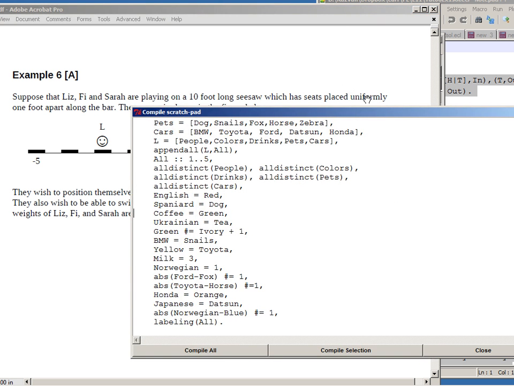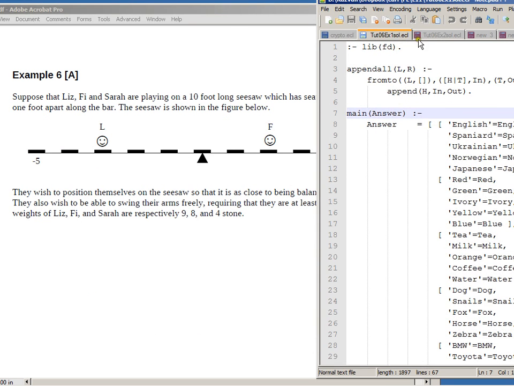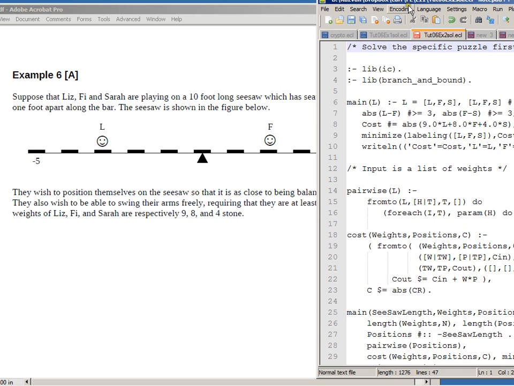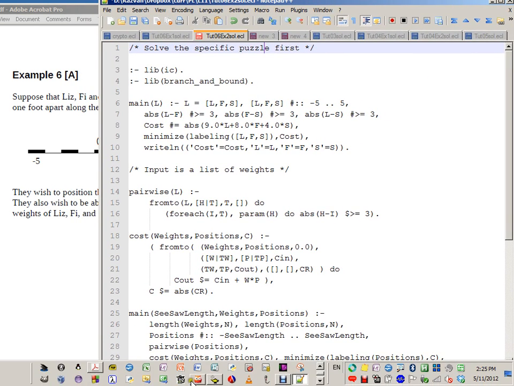So let's look at a code. I should restart this.